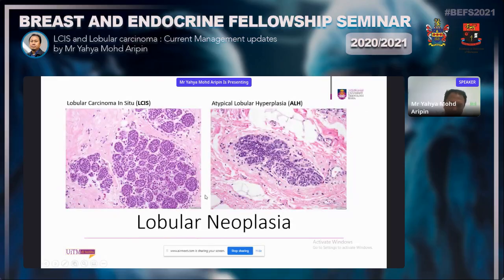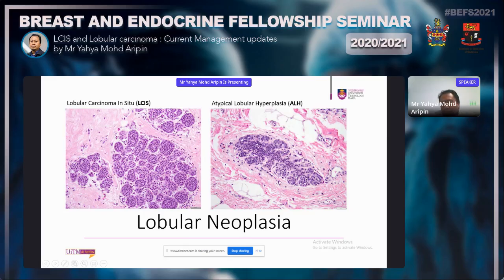Another terminology you have to know is lobular neoplasia. What is lobular neoplasia? It's a neoplasia that develops in the lobule, and it consists of LCIS and atypical lobular hyperplasia (ALH). How do these two differ? You look at this LCIS on the left side, all the acini are filled up with cells.